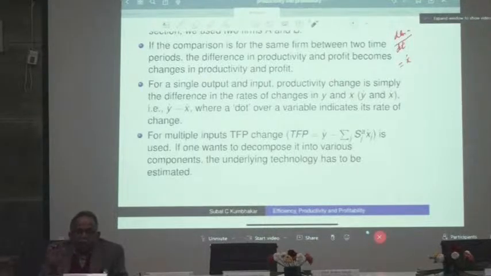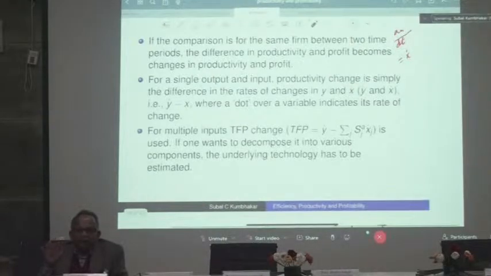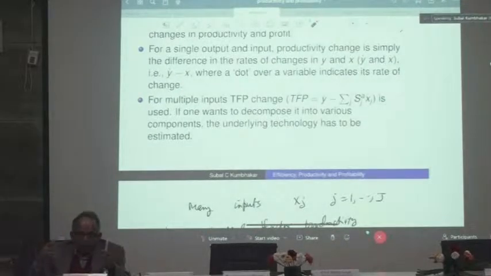But then we say, well, no, this is not the end of the story, because we are not only interested in getting TFP dot, or what is happening to TFP for a particular farm. By farm, I mean any entity: an agricultural farm, a manufacturing firm, again, you can state, in the country.